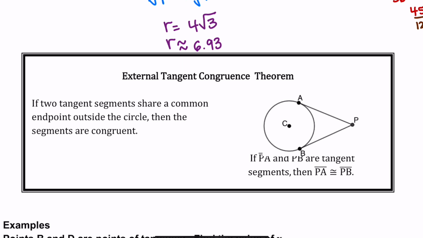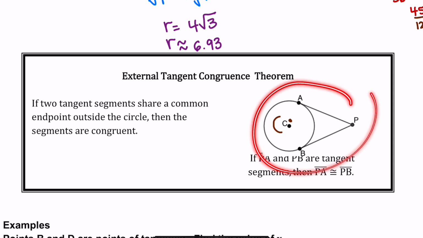External tangent congruence theorem. If two tangent segments share a common endpoint outside the circle, then those segments have to be congruent. Every time I see this picture, it looks like a little happy face. If you were to move that up, it's like a little party hat.